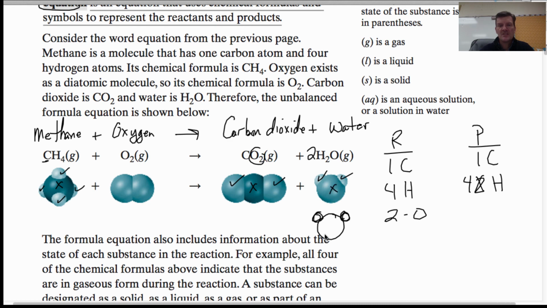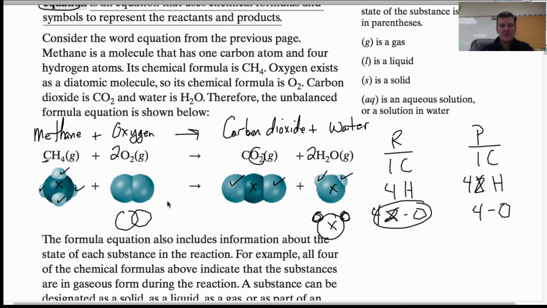So here's my oxygen and another oxygen. I have 2 oxygens here, and I've got 2 oxygens here for a total of 4 oxygens on this side. Well, then I'm going to have to do something on the reactant side. I'm going to have to put a coefficient in front of this in order to have another oxygen molecule there. Now I've got 4.